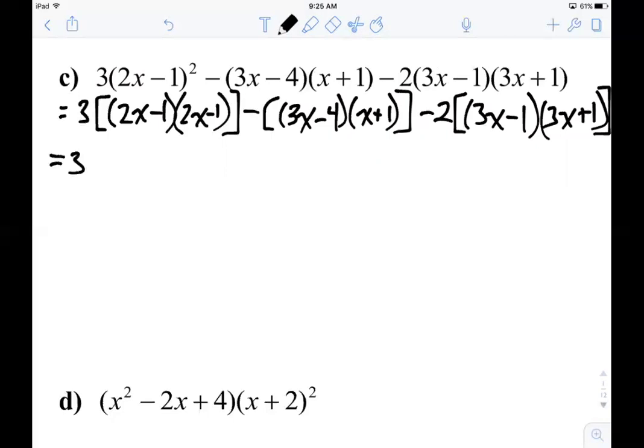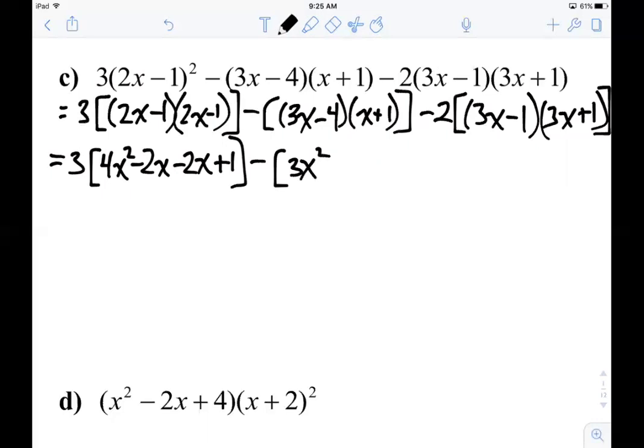So here we have 3, and then inside my square brackets, I would have 4x squared minus 2x minus another 2x plus 1. This one would be 3x squared plus 3x minus 4x plus 1.